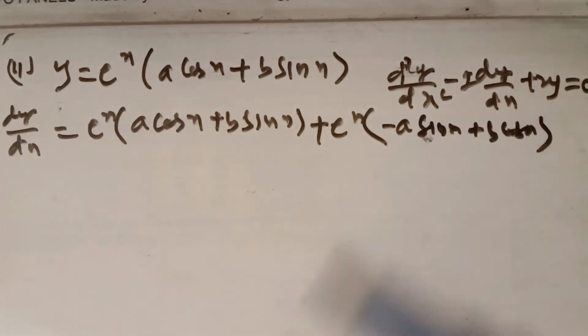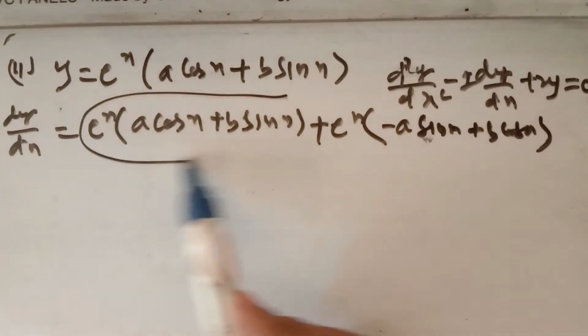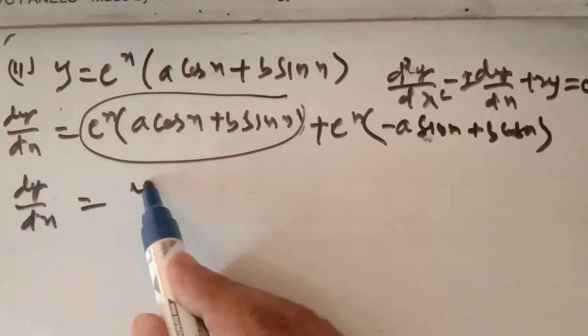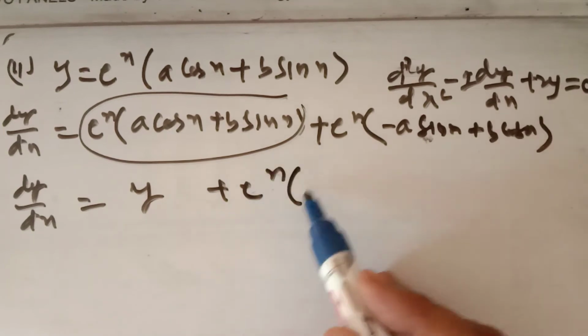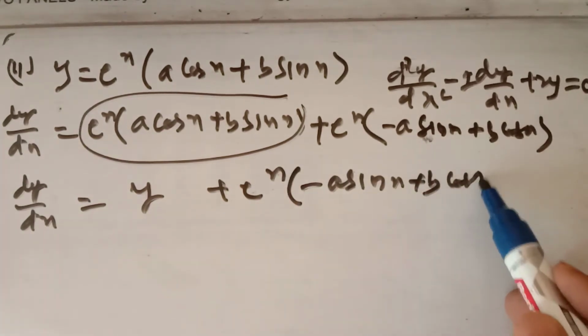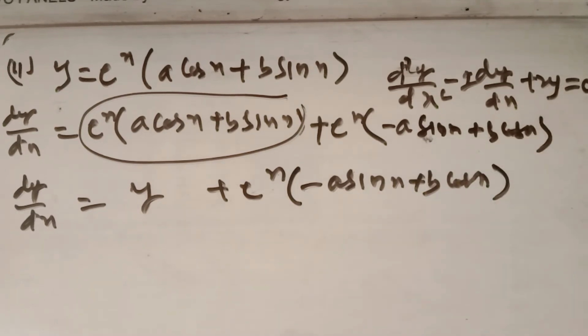Now to simplify it, I can put this as equal to y. So its first derivative is equal to y plus e to the power x into (minus a sin x plus b cos x). This type of question you have done in your third exercise, where you have to form a differential equation eliminating the two arbitrary constants a and b. The same question was there.